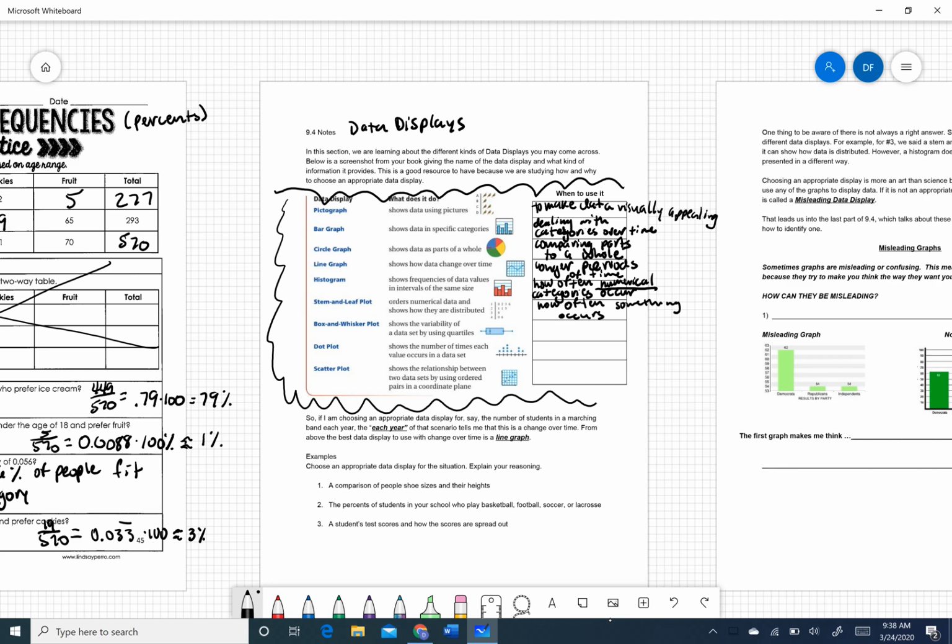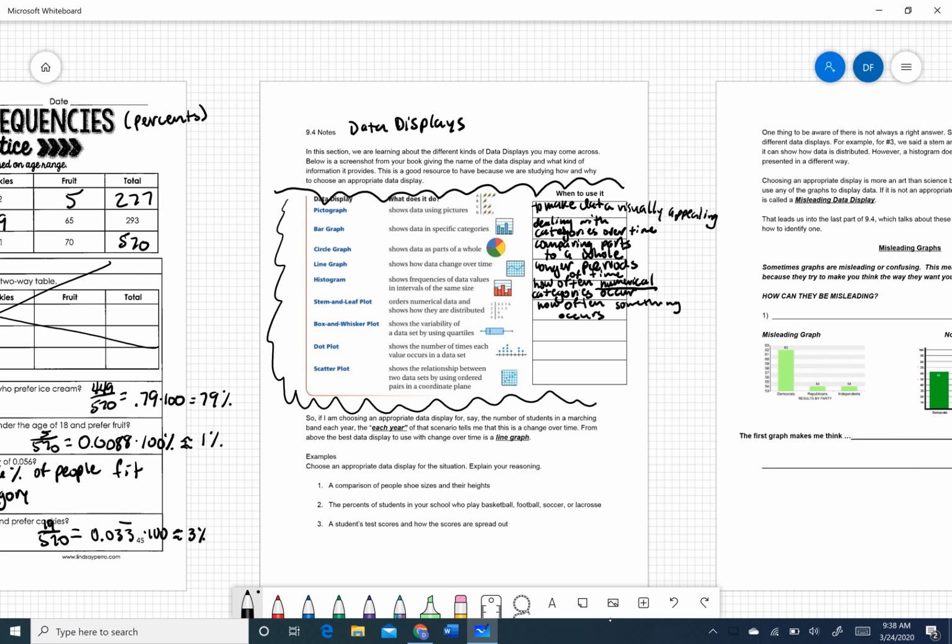So box and whisker plot, we show the variability of a data set by using quartiles. And so you probably see a lot of this. I know that I see this when I have to look at my grades in my master's degree program. It can show you where your grade is based on everyone else's, right?